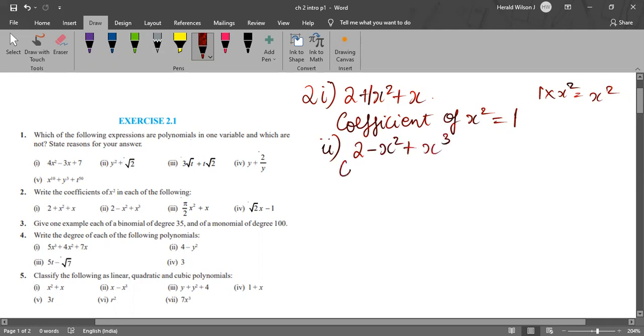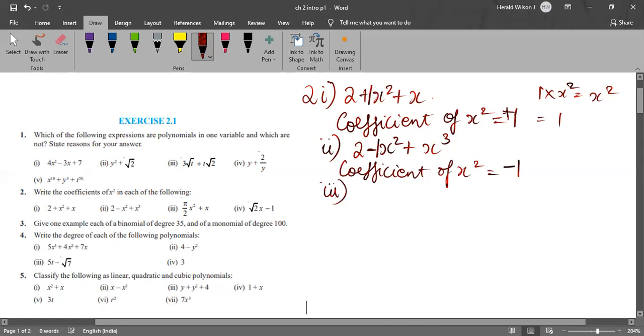So here the coefficient of x squared is equal to minus 1, because we need to consider the sign along. In the first question it is a positive 1, which is nothing but 1 itself, but negative 1 is totally different, right? That's why coefficient of x squared is equal to minus 1.